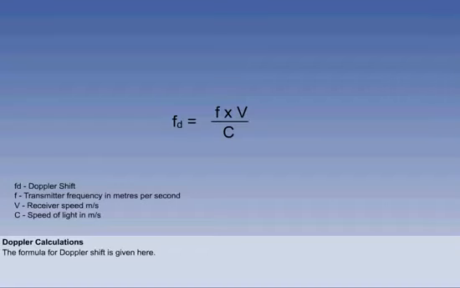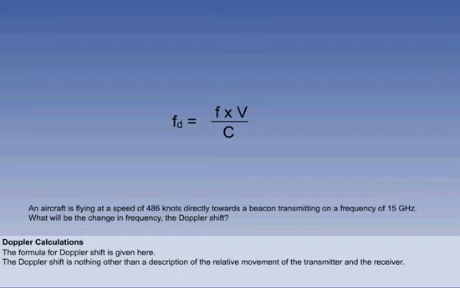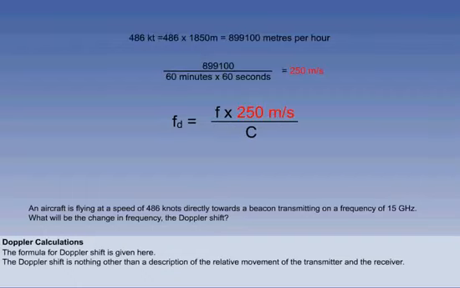For example, if an aircraft is flying at a speed of 486 knots directly towards a beacon transmitting on a frequency of 15 gigahertz, what will be the change in frequency, the Doppler shift? Convert everything into units per second.